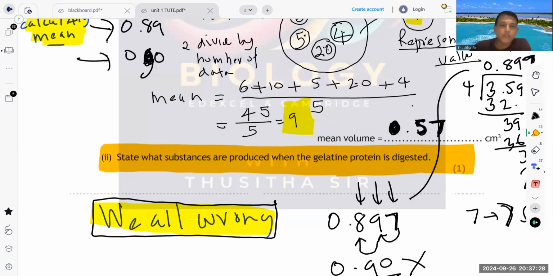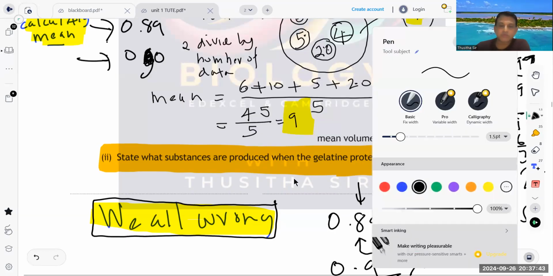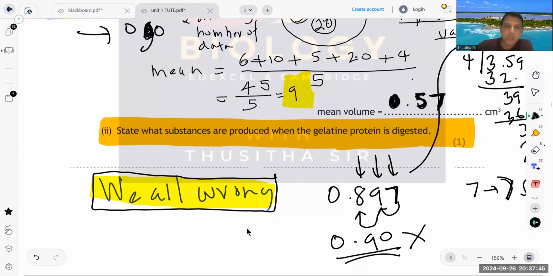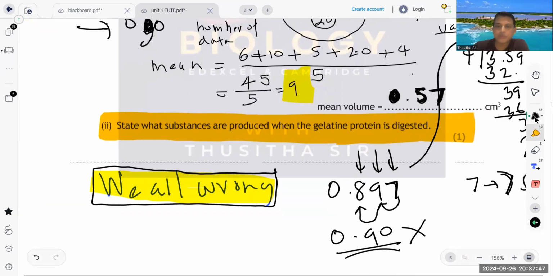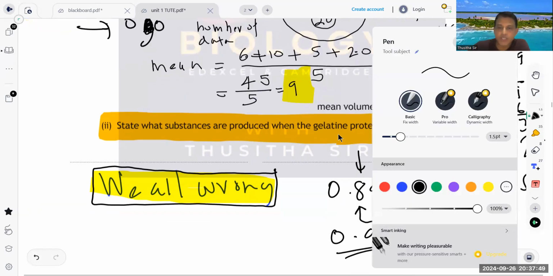Netuli and Litun. Yes, I think you sent the correct answer. Right, I've given a hint for the others to find the correct answer. Gelatin is a protein.